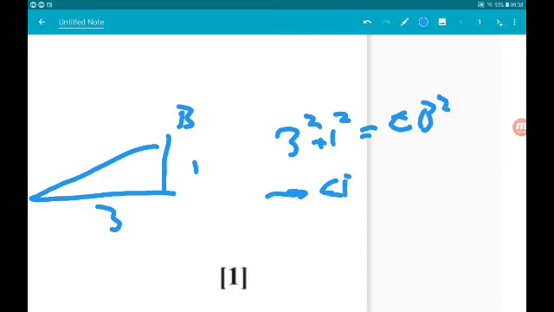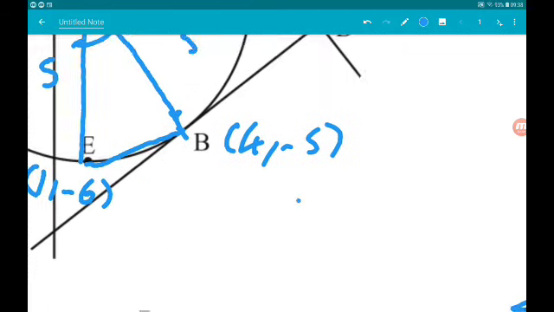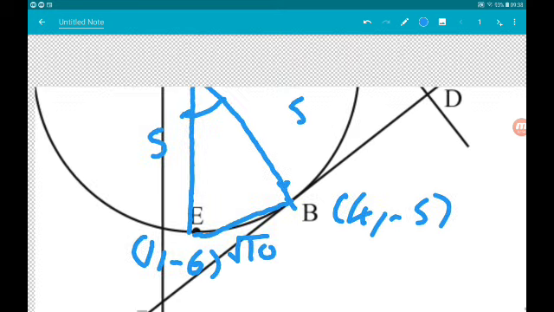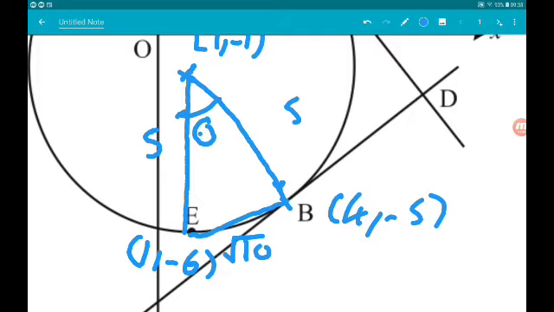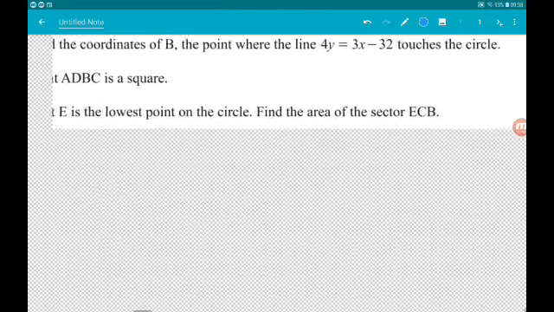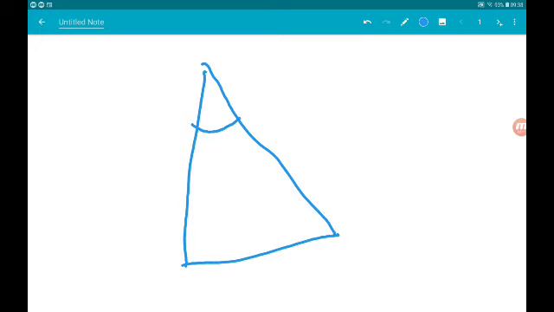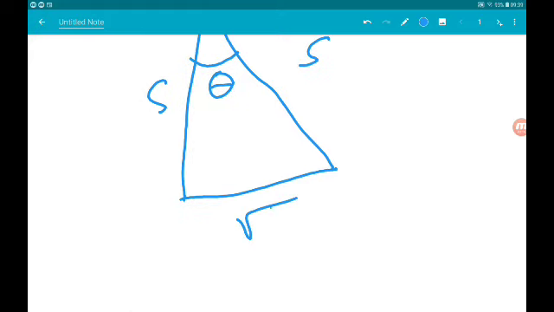Therefore, EB is root 10. Okay, so if we call the angle theta, and let's make a little sketch. Okay, so we got side of 5, side of 5, side of root 10. So this is now a job for the cosine rule.